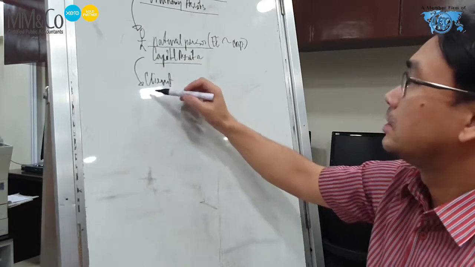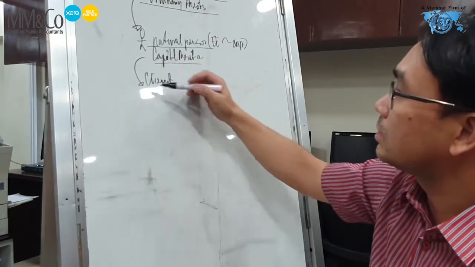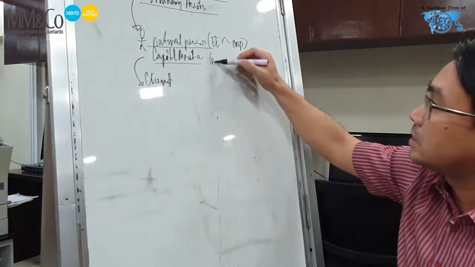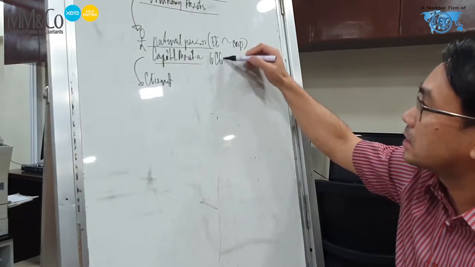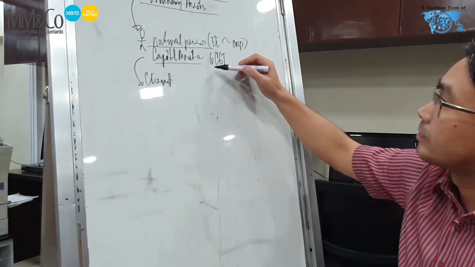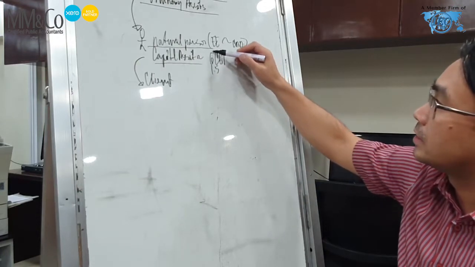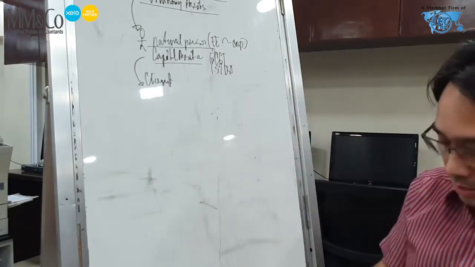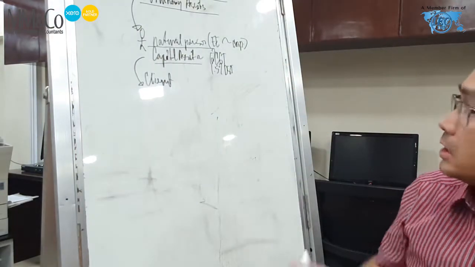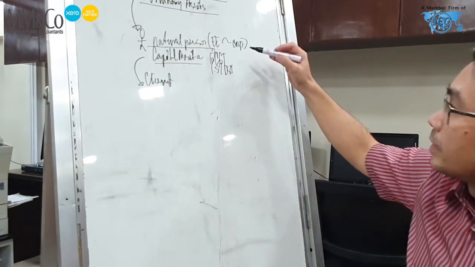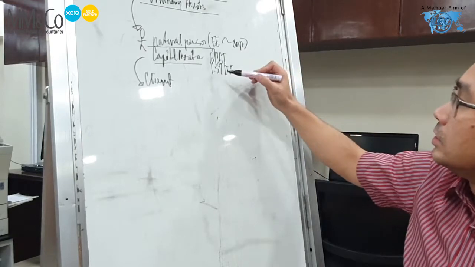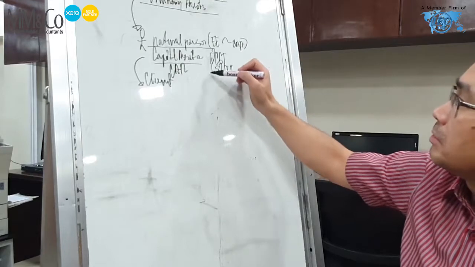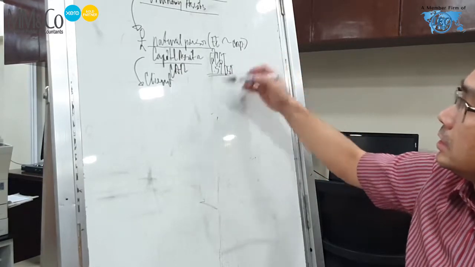Right? So from here, you said that this person sold it to our client. So when this person sells it to our client, it is subject to 6% capital gains tax and 1.5% documentary stamp tax. That's what will happen there.